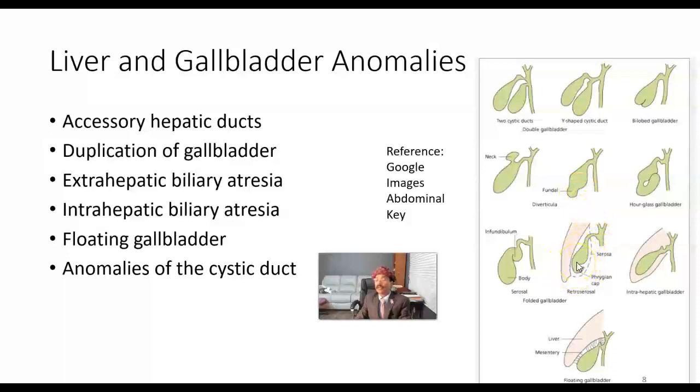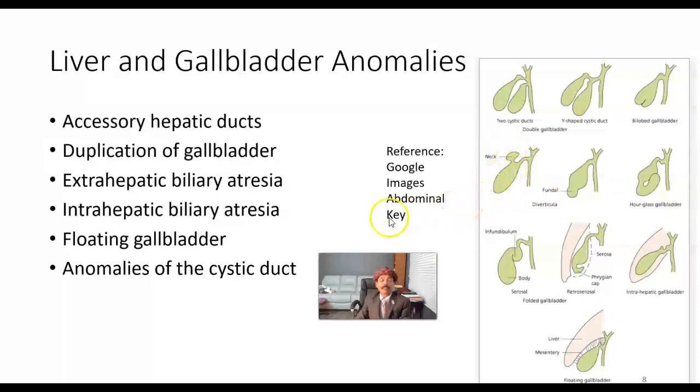Phrygian means the people who lived in Phrygia province of present day Turkey. They have a cap-like appearance that may happen. Hourglass gallbladder is also possible but very rare. There may be a neck here, abnormal shape of the gallbladder.